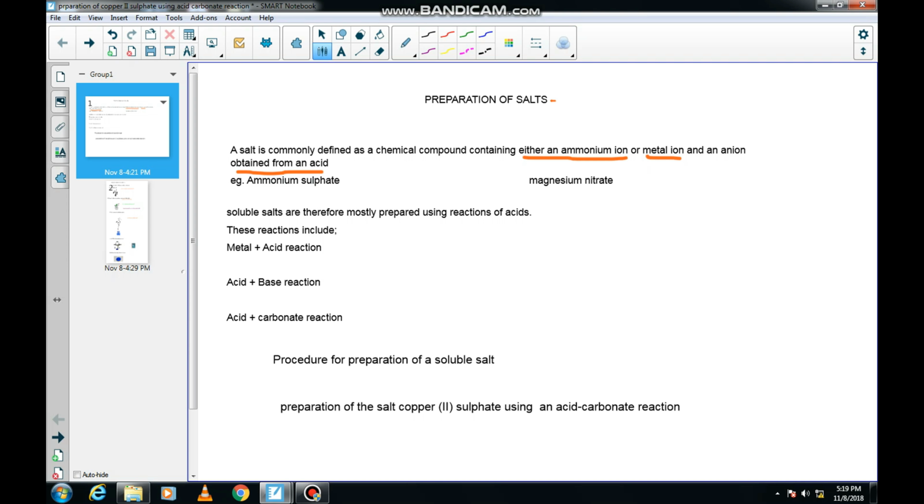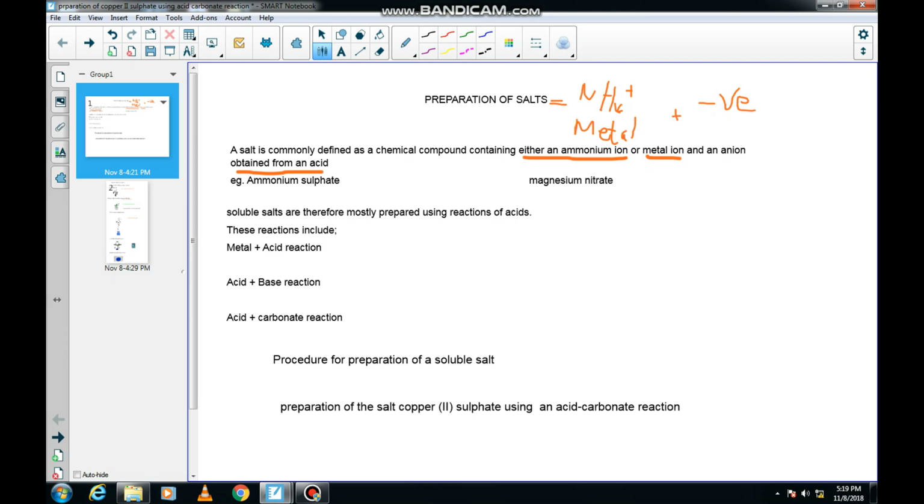That is, a salt is a substance that contains either an ammonium ion, NH4+, or a metal ion, and let me use plus to represent, and a negative ion that is obtained from an acid.